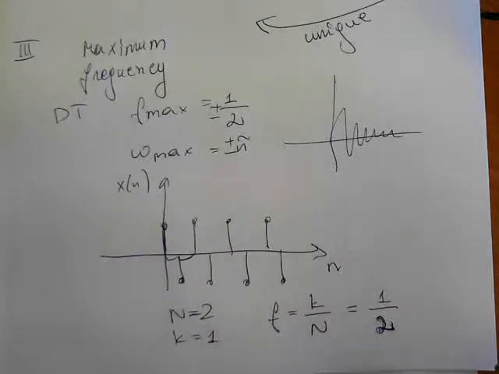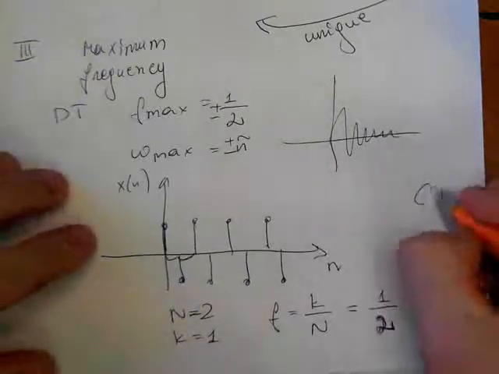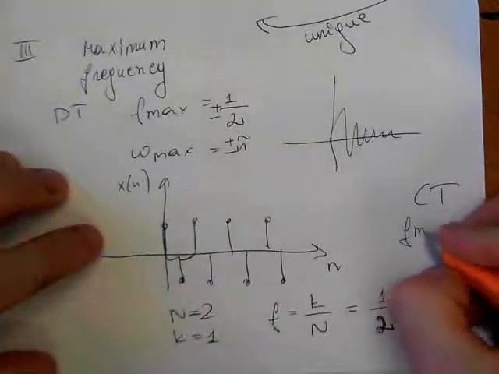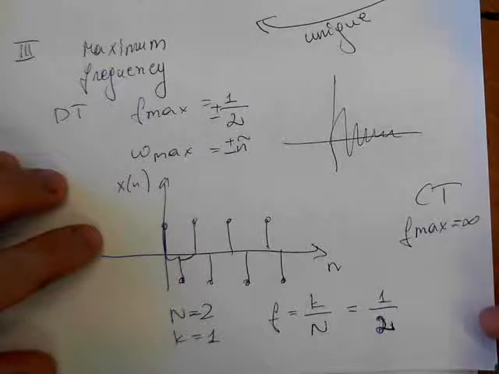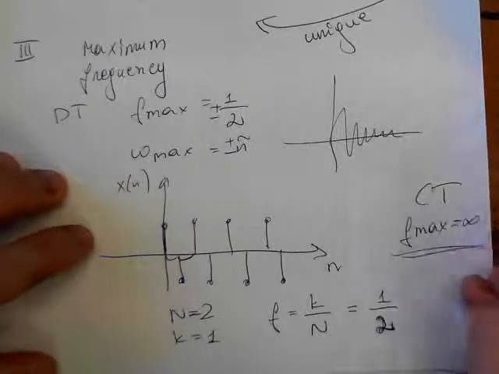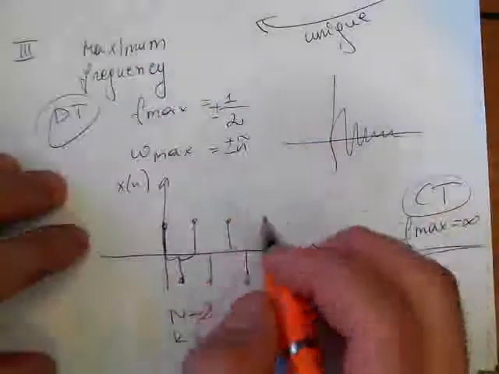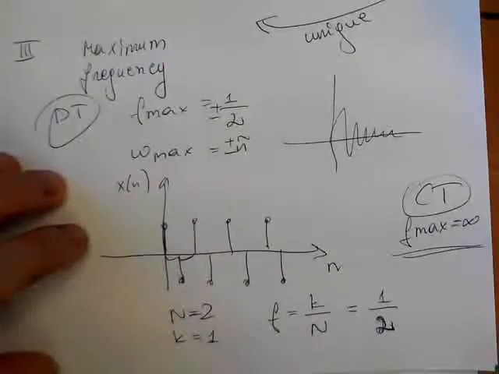So this is considering the maximum frequency. In continuous time, maximum frequency is infinite. If we have a continuous time situation, f max is infinite. Remember this. F max is infinite in continuous time. In discrete time it is different.